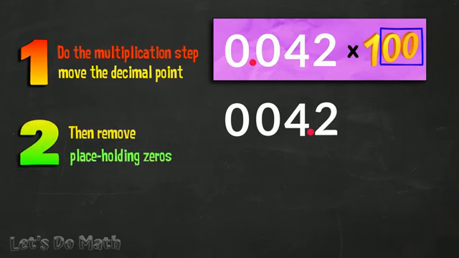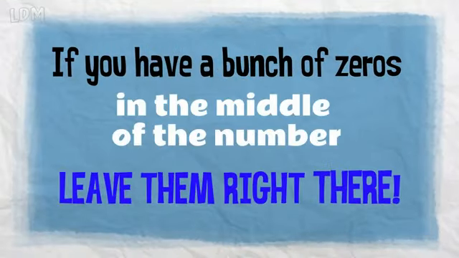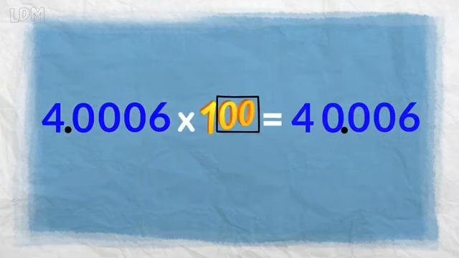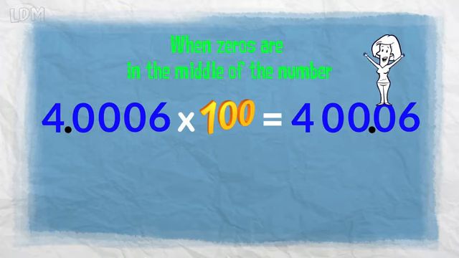Then remove the place-holding zeros afterwards. And if you happen to have a bunch of zeros in the middle of the number, leave them right there. In this one, move the decimal point 1, 2 places, and we get 400.06 as our answer. When zeros are in the middle of the number, they are important.